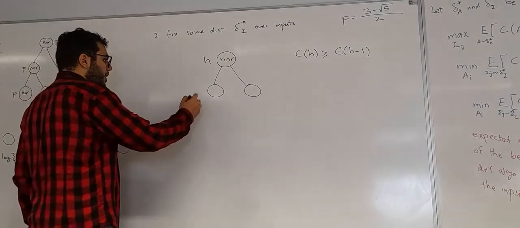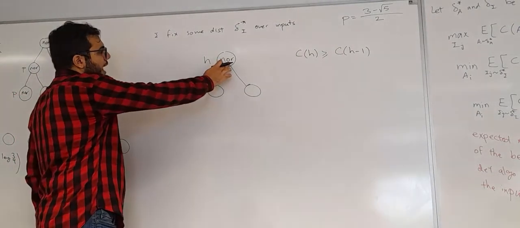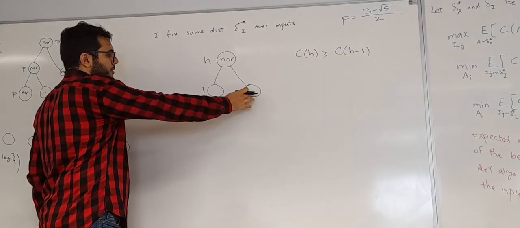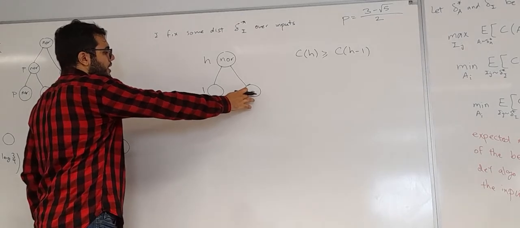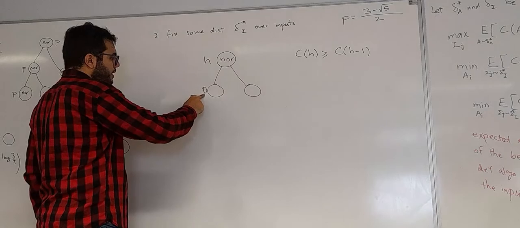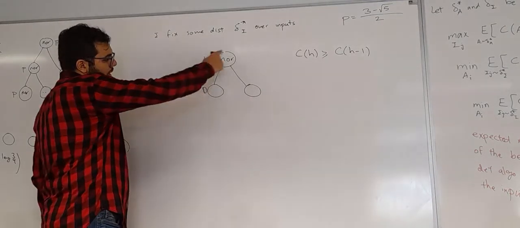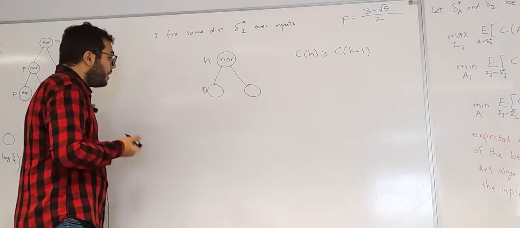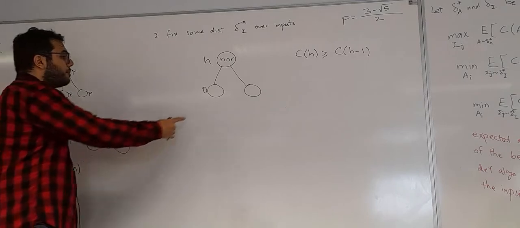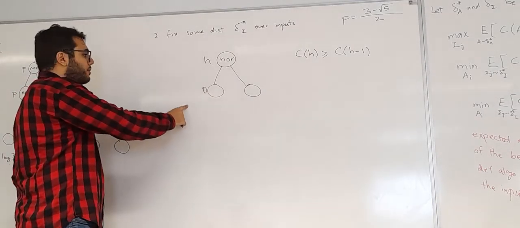Now, if this child is a 1, then we already know that the answer here is 0, so we will not evaluate the other one in an optimal deterministic algorithm. But let's take the worst case. The worst case is that this child is 0, and then we go and evaluate the other one. But we chose our inputs in a way that we can know the probability that this child gives us 0 and the probability that it gives us 1.